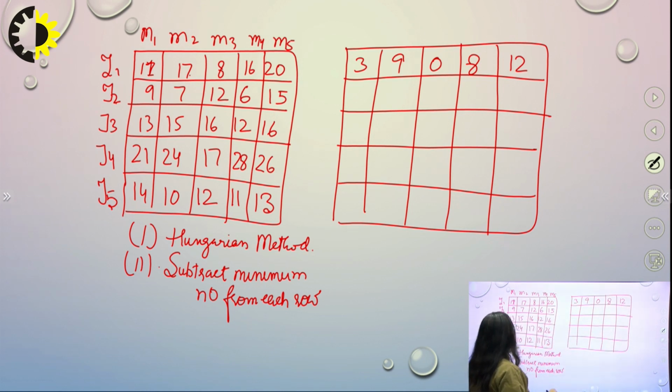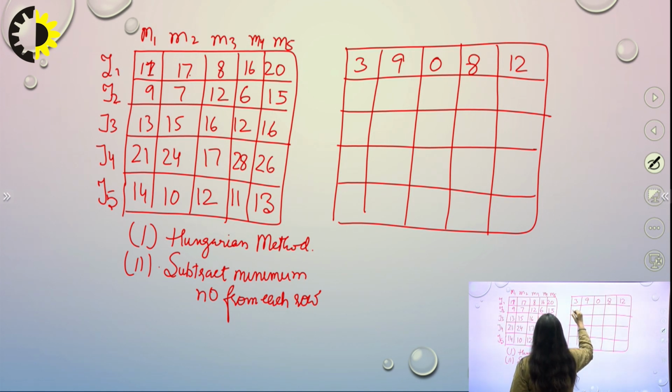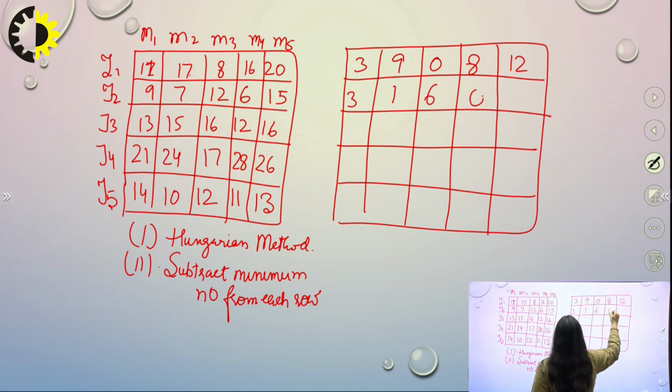Similarly, in the second row, the minimum element is 6. We will subtract 6 from the whole row, that is 3, 1, 6, 0 and 9.